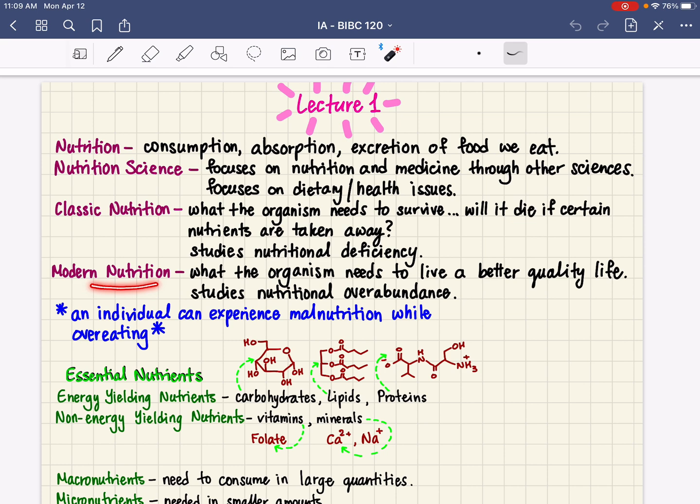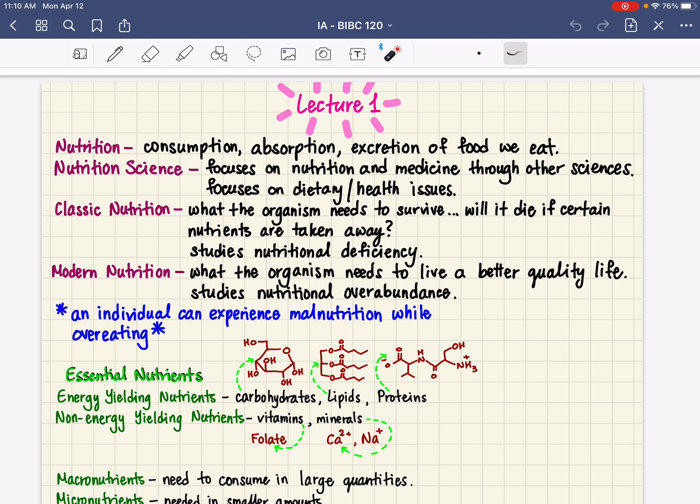Modern nutrition is different. In modern nutrition, we are talking about things that the organism needs to live a better quality life. So not necessarily foods and nutrients that are essential to life, but nutrients that make our life a little better. For example, fiber. Fiber falls into the discussion of modern nutrition because without fiber, we will survive. However, with a fiber-rich diet, we will live a better life.